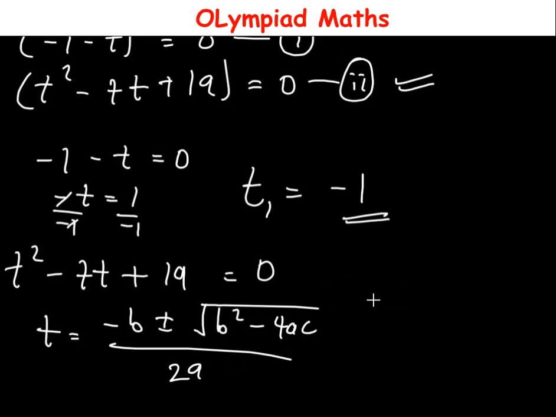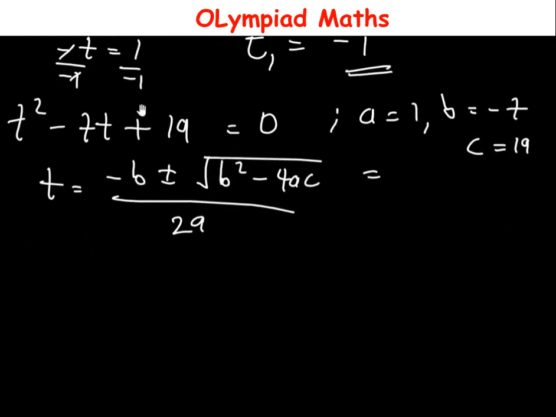In this case, let's first identify the values of a, b, and c. So the value of a in this equation is the coefficient of t squared, which is 1. The value of b is the coefficient of t, which is minus 7. And the value of c is 19, the constant value.